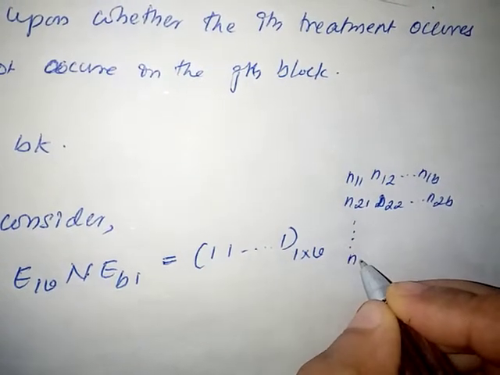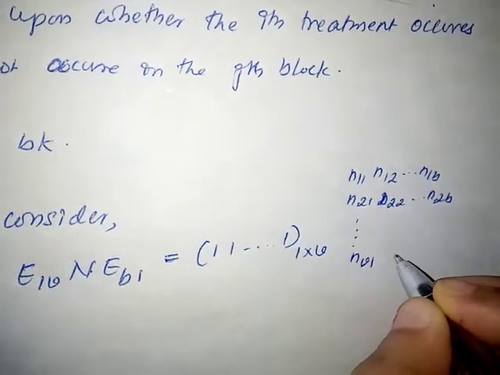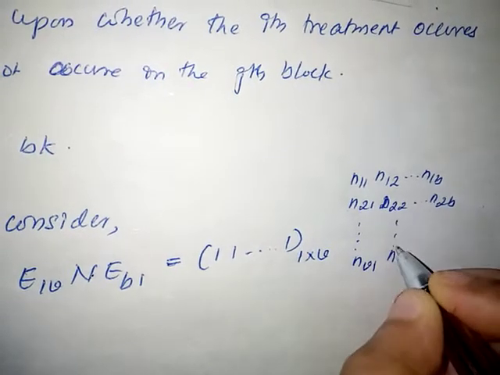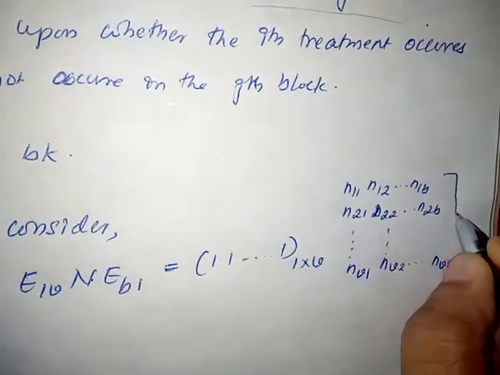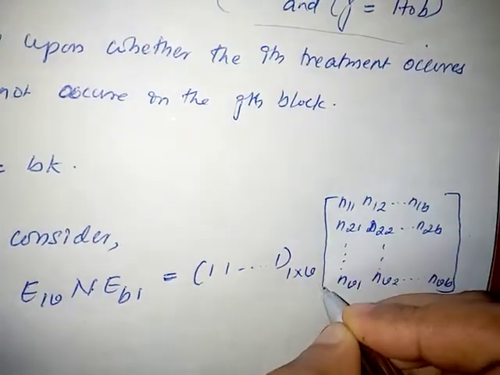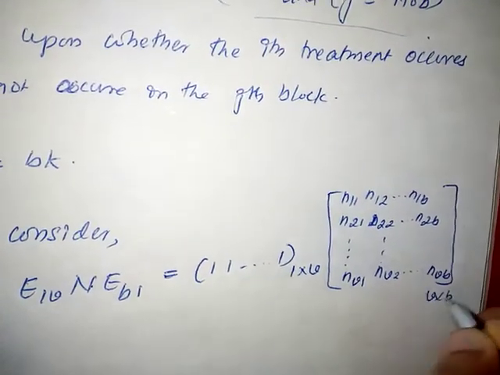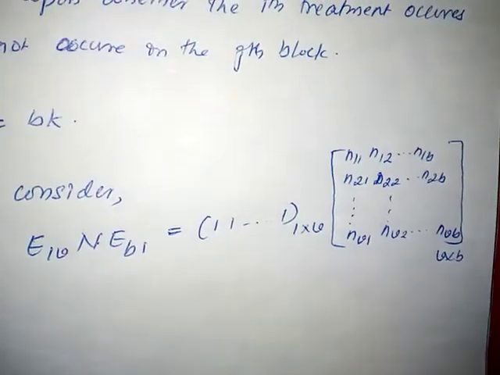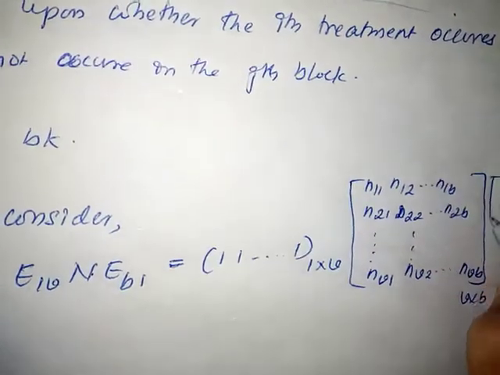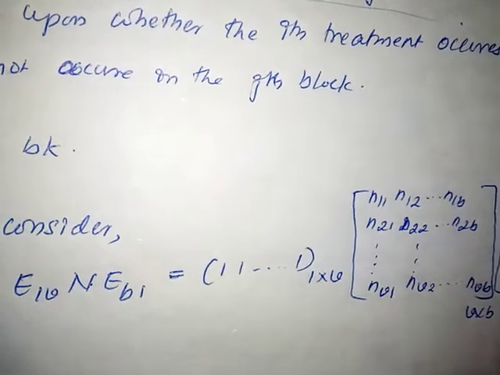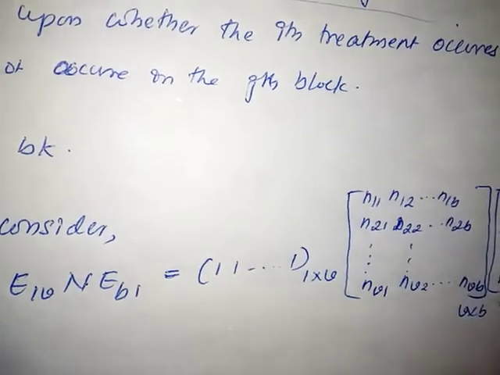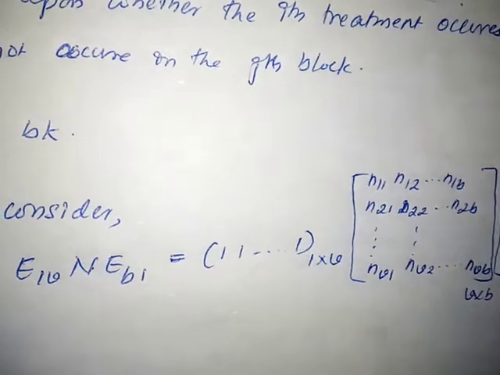Similarly Nv1, Nv2 so on Nvb is an incidence matrix of order v cross b. Then eb1 is a column vector 1, 1 so on, 1 of order b cross 1.